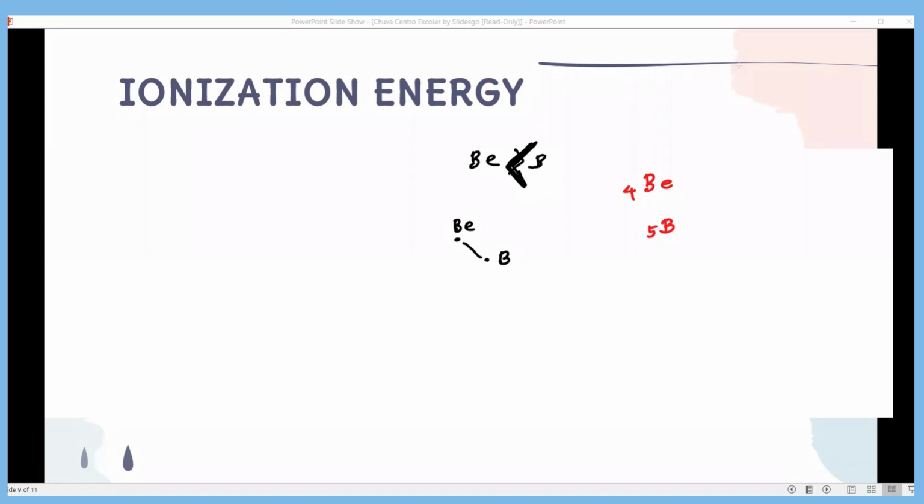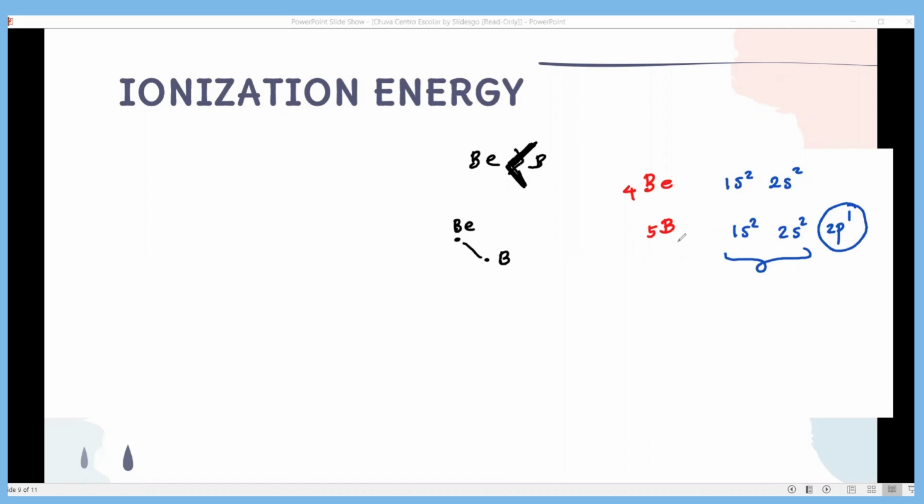If we write the electronic configuration of beryllium, it's 1s2, 2s2, whereas for boron, it's 1s2, 2s2, 2p1. So removing this electron from boron gives a stable configuration.